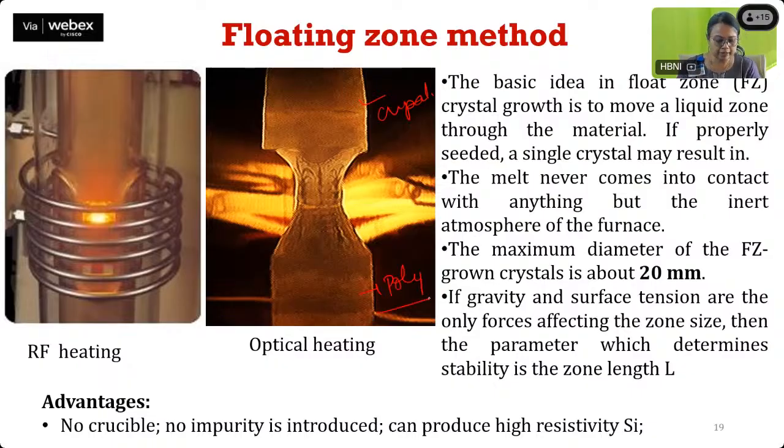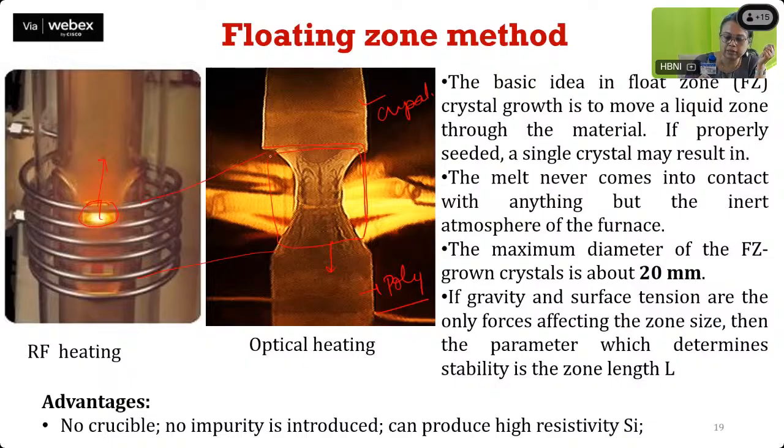Initially we have to make a rod of the material, and a very small zone is melted. Only a very small zone is melted at a given time, and then this zone is translated, taken above. The crystal growth happens here, and the polycrystalline part we can bring down.